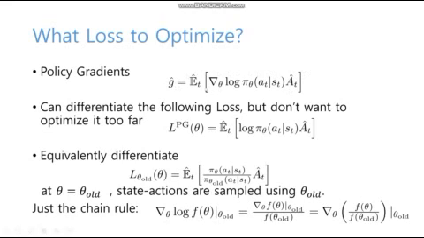So how can we get this quantity? We can differentiate the following loss, but don't want to optimize it too far. So this L_PG theta is defined in this way. If we differentiate this quantity with respect to theta, we can get this policy gradient, right?